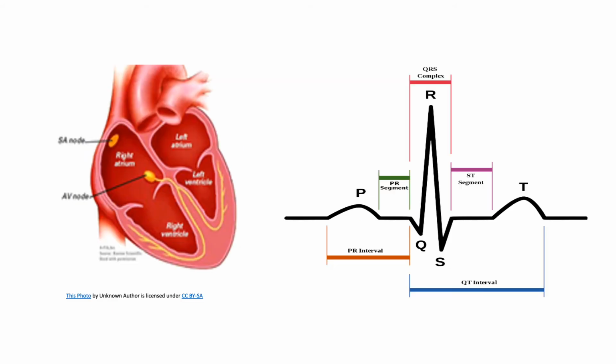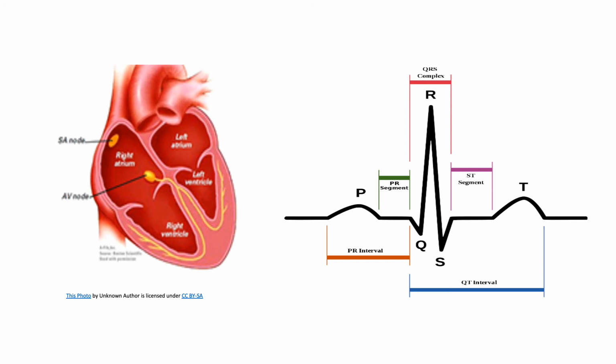You can see an example of an EKG, and we have an electrical line, as you see here, and some waves above this line, some waves below this line. As you can see, P, R, and T are positive waves, and Q and S are negative waves.